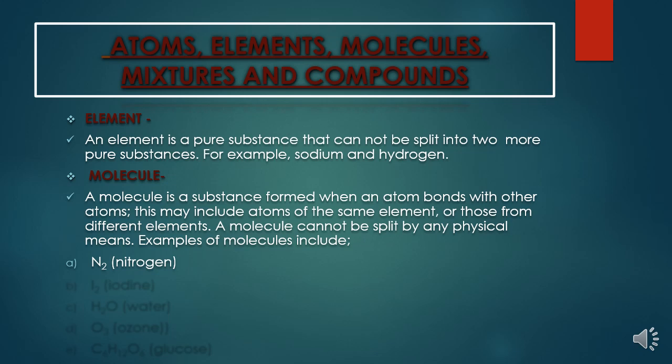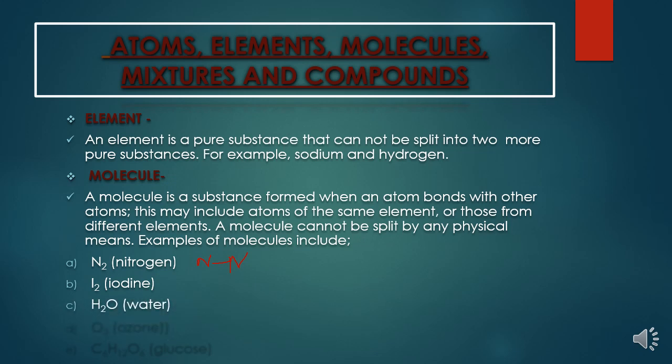Nitrogen contains two nitrogen atoms. So we have one nitrogen atom bonded to another nitrogen atom. This forms a molecule, one molecule of nitrogen. We also have iodine, I2, two atoms of iodine. So two iodine atoms are bonded together forming a molecule.